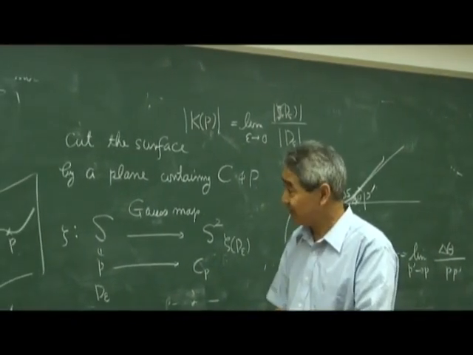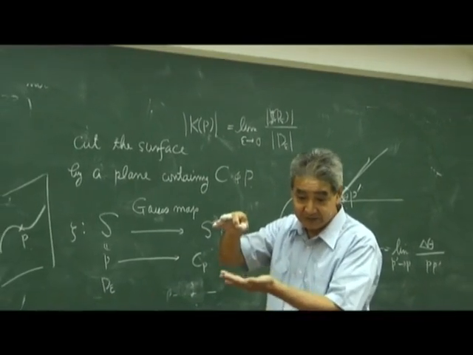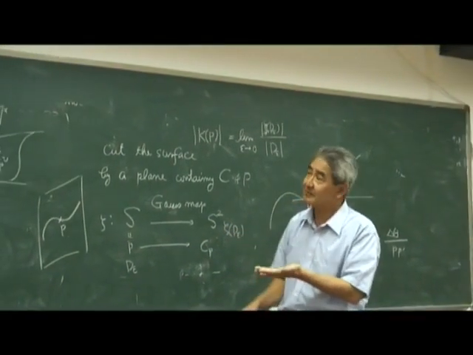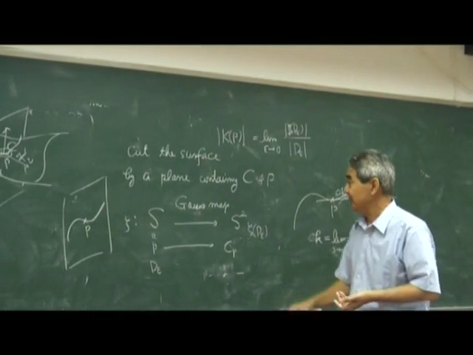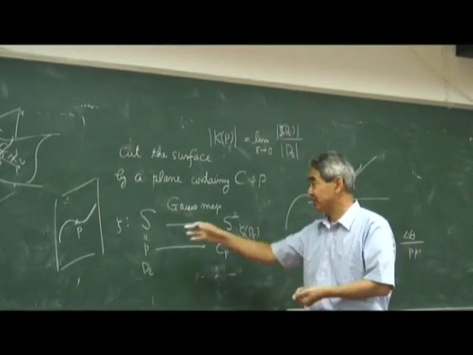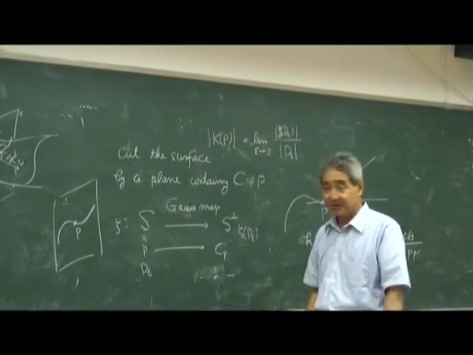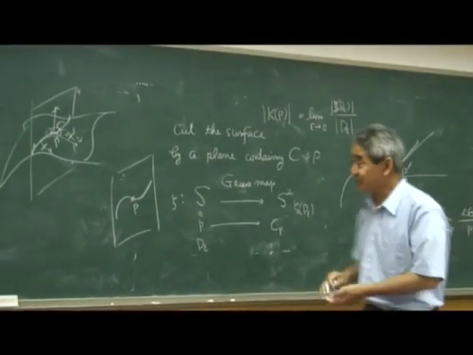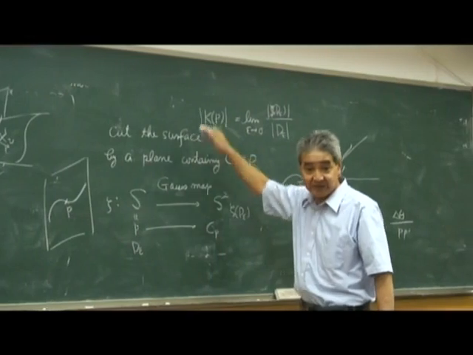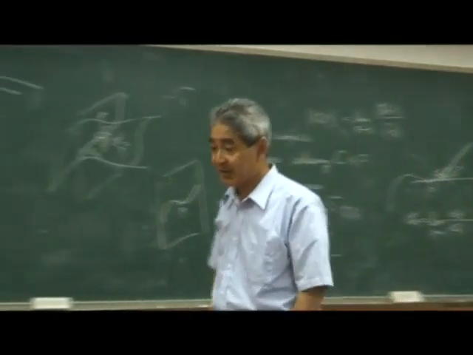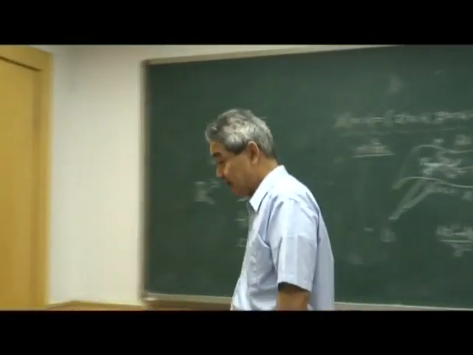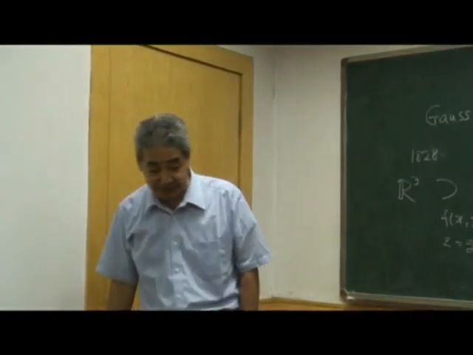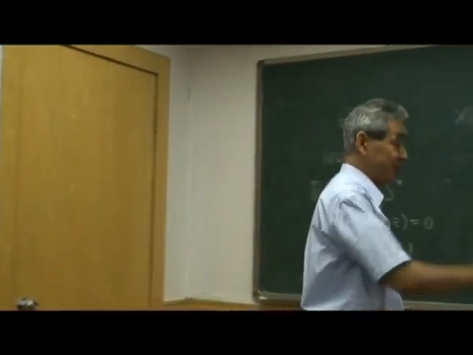So the orientation means which is the upper side and which is the lower side. And then whether this mapping preserves this orientation or not. And then in this way you can introduce the sign here, then you can drop this absolute value. But somehow Gauss could define the curvature, or absolute value of curvature, using the Gauss map.